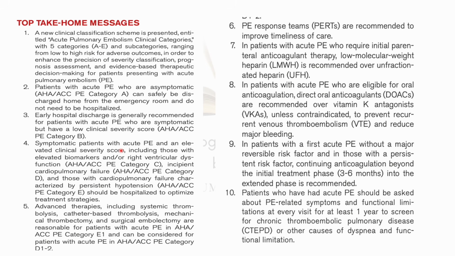Treating patients who are symptomatic with high clinical severity scores and elevated biomarkers or signs of right ventricular dysfunction or cardiopulmonary failure in the hospital. Using advanced therapies including systemic thrombolysis, catheter-based thrombolysis, mechanical thrombectomy, and surgical embolectomy for selected patients based on the category.